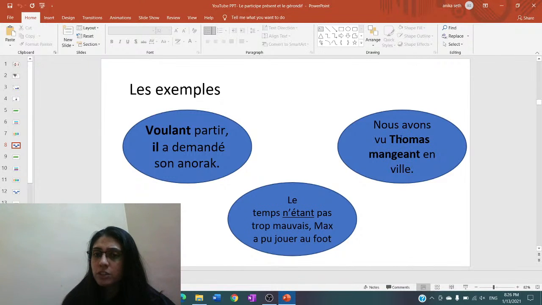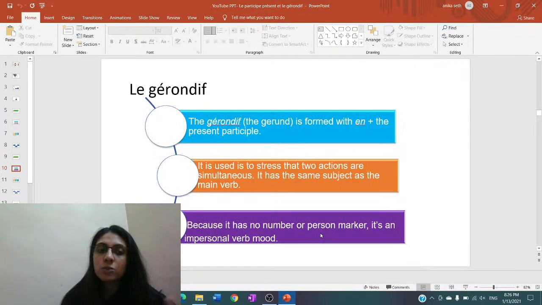Although this will not change, there are two different subjects in the sentence. Here we are talking about the weather. We are talking about it as a reason why Max could play football, because the weather was not too bad. So we can use different subjects in the present participle, but in the gérondif, it has the same subject as the main verb.